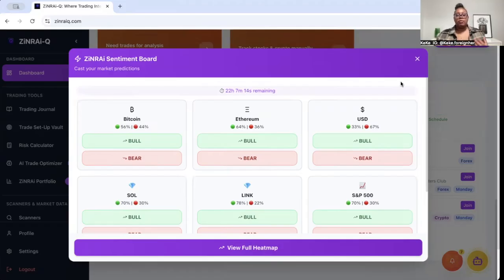Is everybody starting to understand what they see in the markets, right? You're going to go to these assets and just see, do you think it's bullish or bearish? And mind you, bullish means buy, as we see it in green, and bearish means sell, which is in red. So you're basically coming on here and from your perspective, from what you see in the chart, is it bullish or bearish?